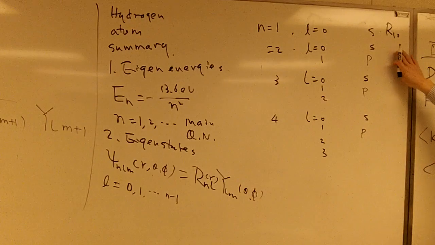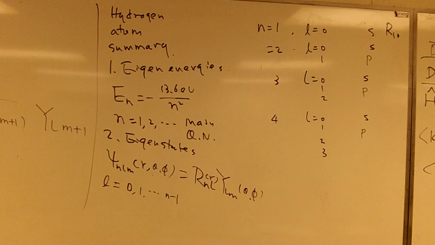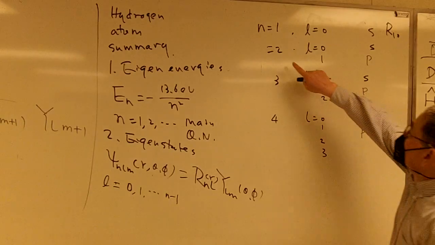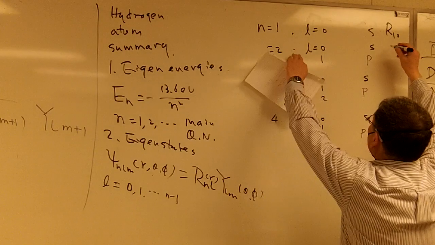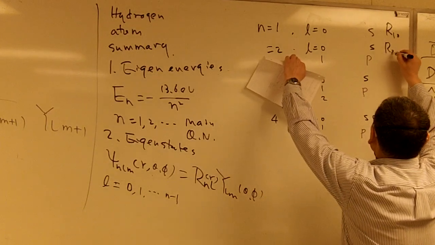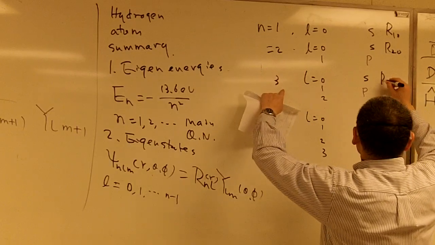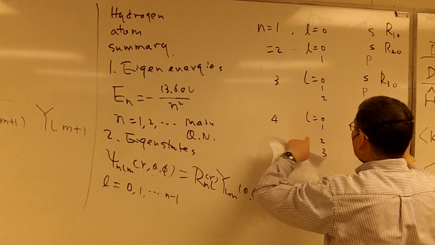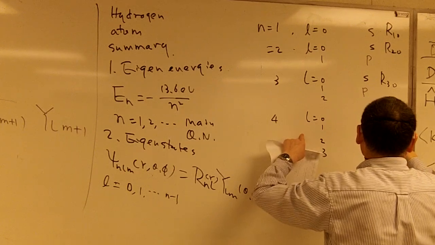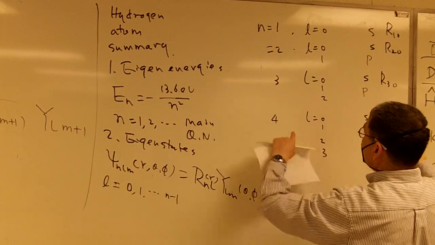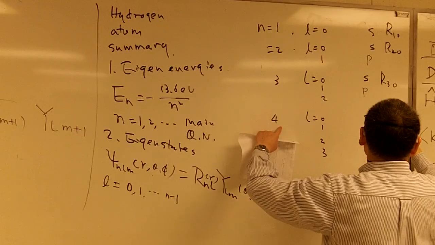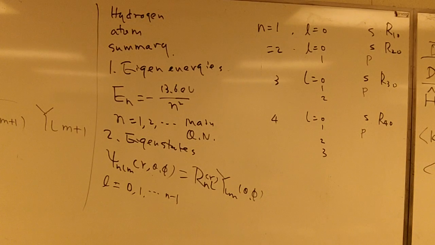So this is the 1s, R10. That's the s state. Now for the 2s state, you will write R20. That's the 2s state. 3s state, R30, and so on. That's called the radial part.